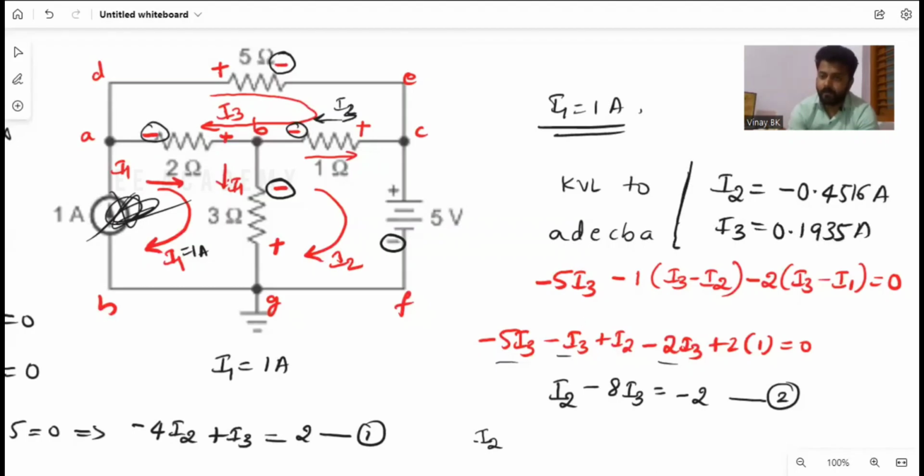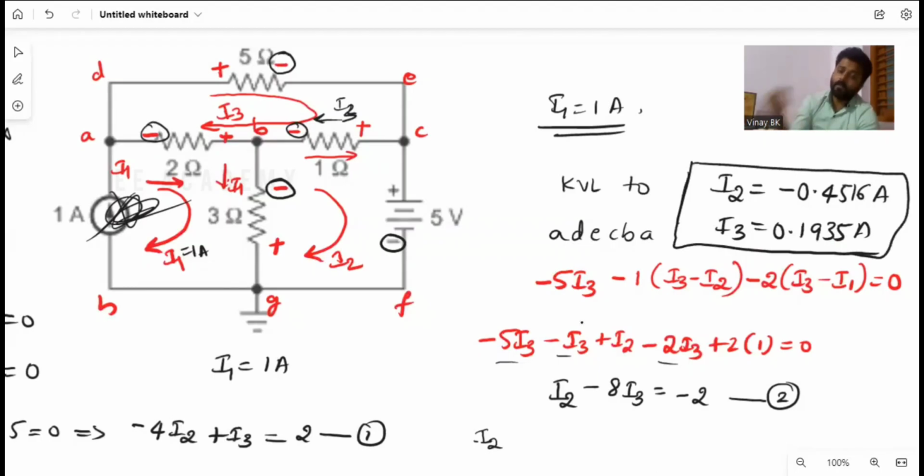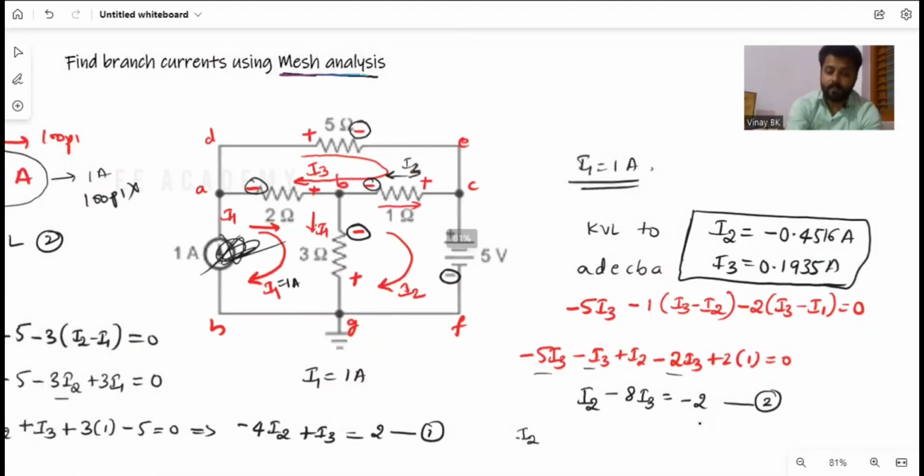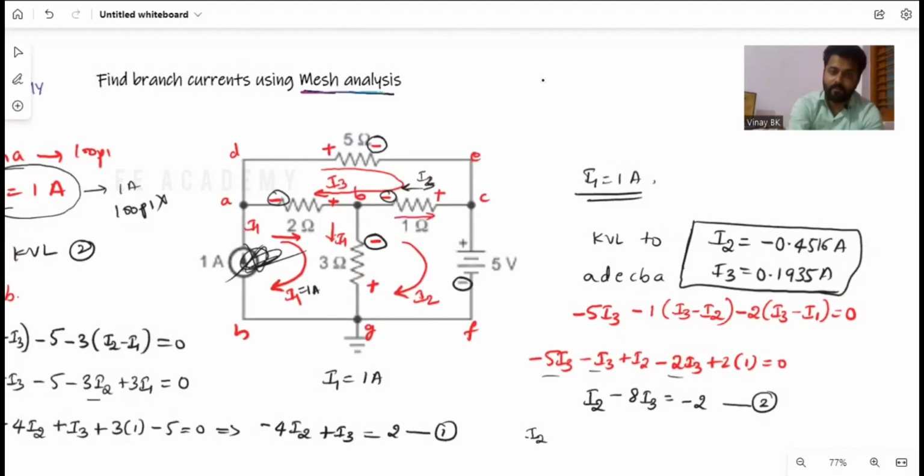These are the branch currents, or else the loop currents. Similarly, you can find the branch currents, that is I1 minus I2, I1 minus I3, I2 minus I3, just by substituting these values. This is how you need to solve the mesh analysis problem, that is a supermesh analysis problem.